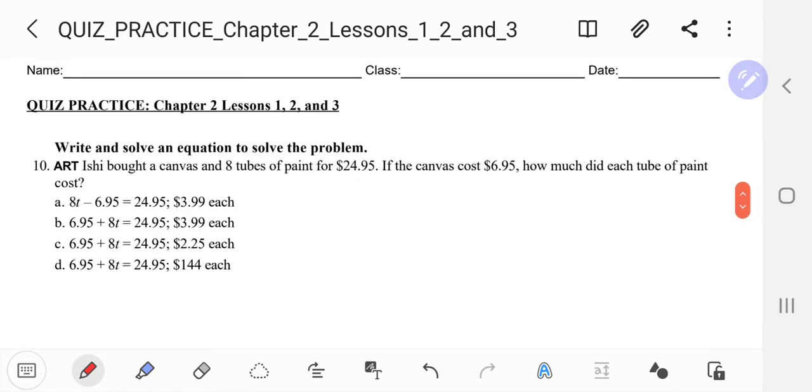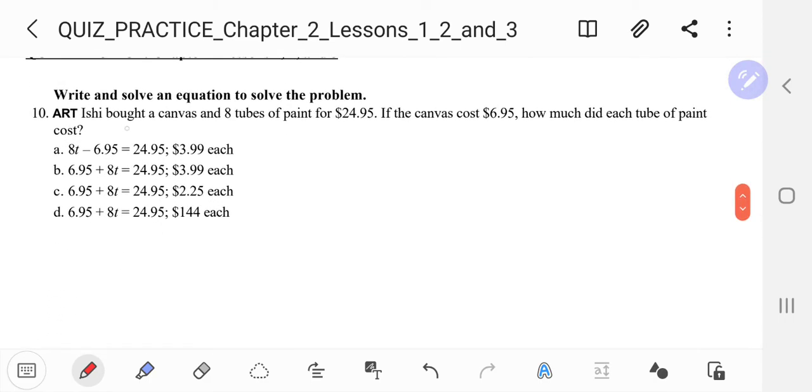Okay, moving on. Okay, Art bought a canvas and 8 tubes of paint for a total of $24.95. All right, so that's kind of like our summary right there. Remember, we have 3 steps. Summarize, define the variable, and then write the equation, okay?